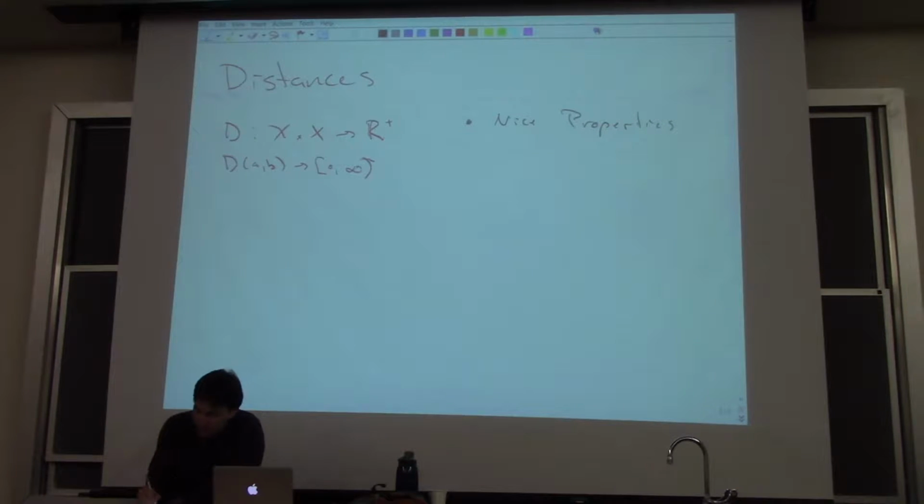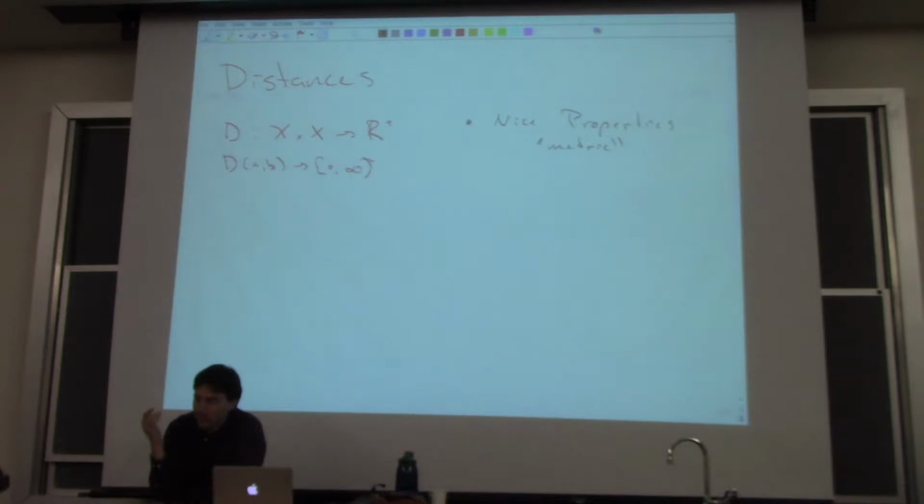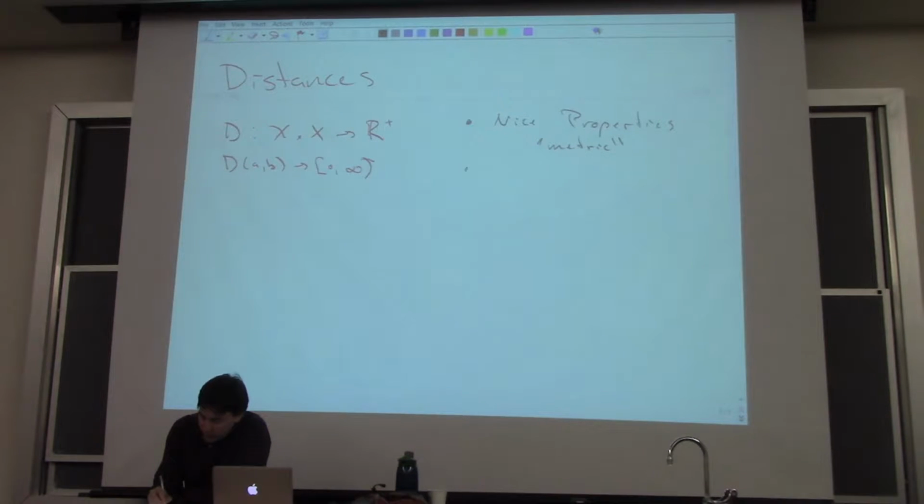In particular, the main thing we'll look at is when a distance is called a metric, and what that means. And then we'll look at things later in class where you can often use basically any distance you want, as long as it's a metric. So it's a very general but powerful approach.